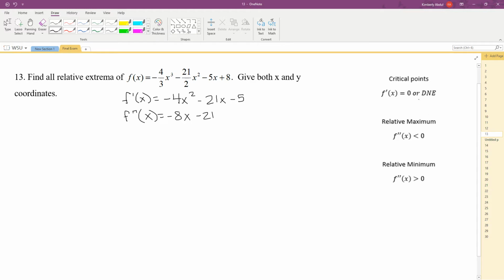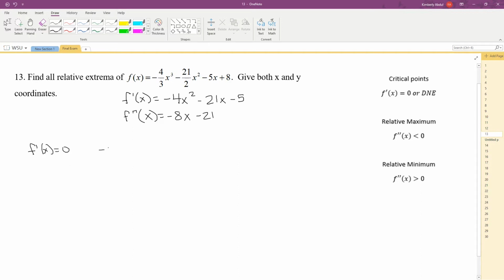Okay, so the critical points occur when the first derivative is equal to 0 or does not exist. And then we can figure out if it's a relative maximum or minimum by what the second derivative is at those points. So we need to figure out when our first derivative is equal to 0.